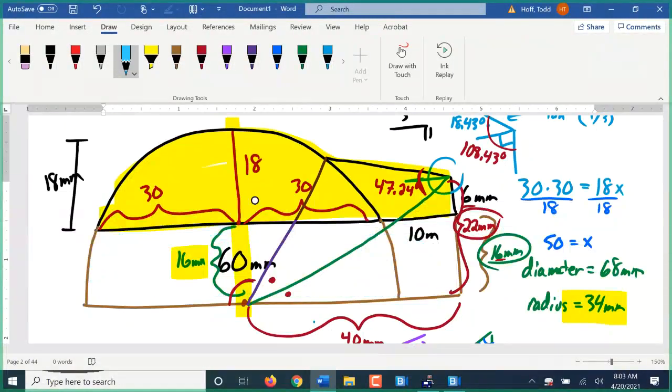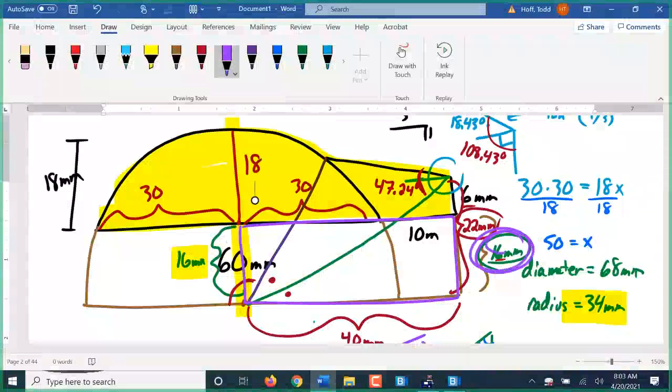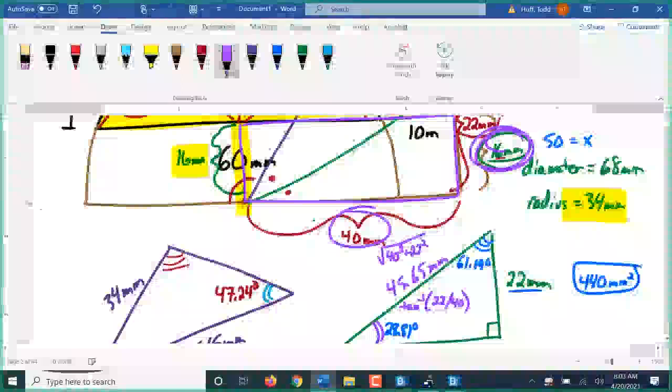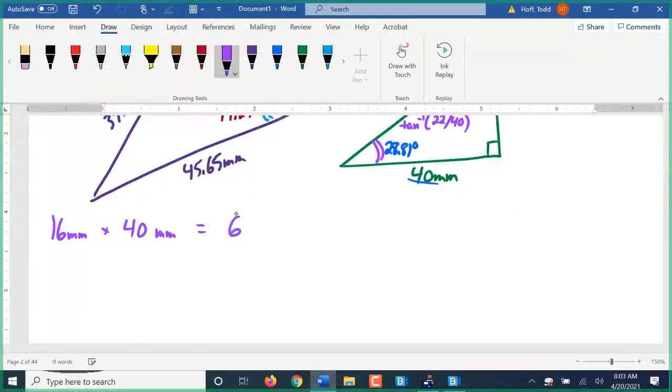The first one is very simple. It's this rectangle over here. That rectangle is 16 millimeters high, 40 millimeters long, which is 640 millimeters squared that'll be subtracted out.